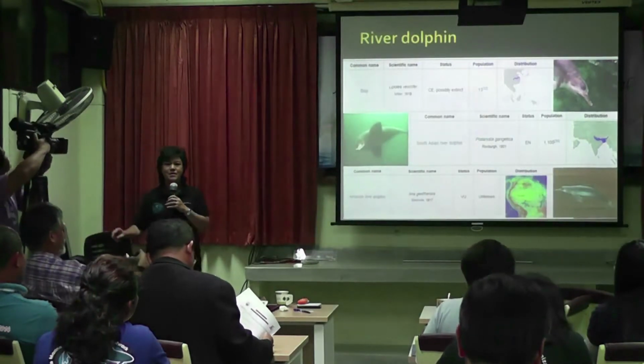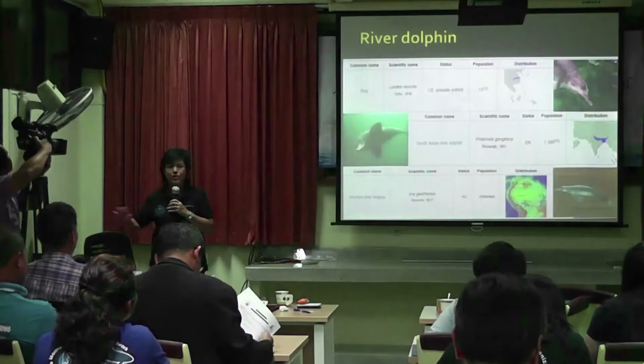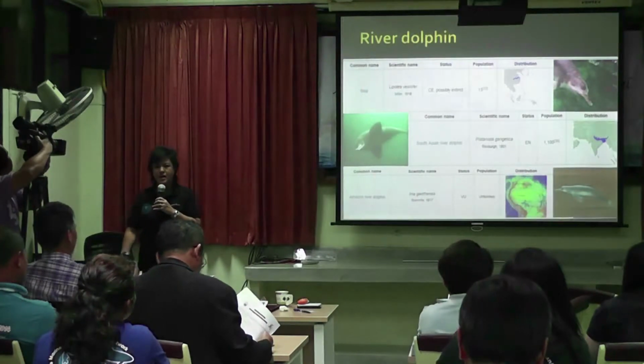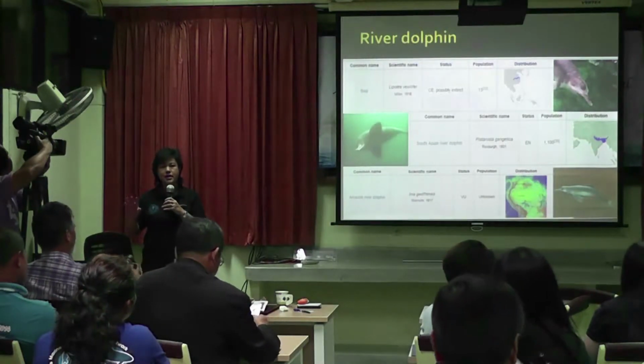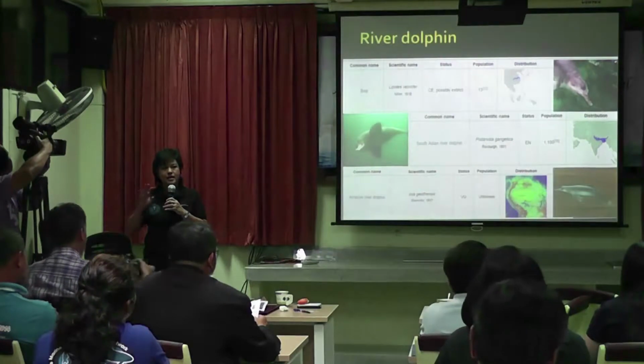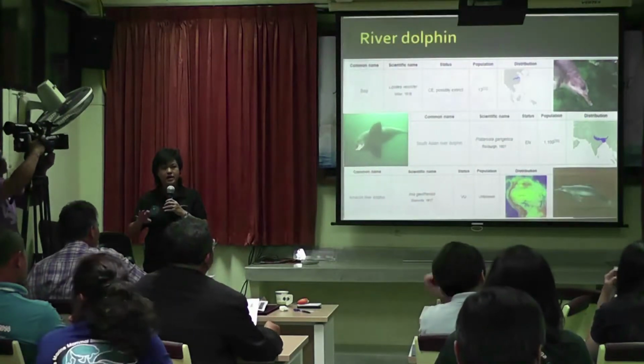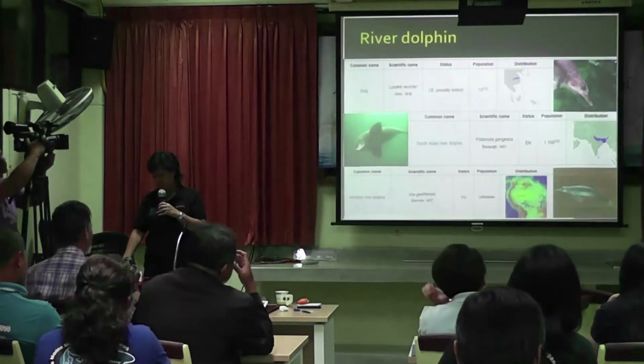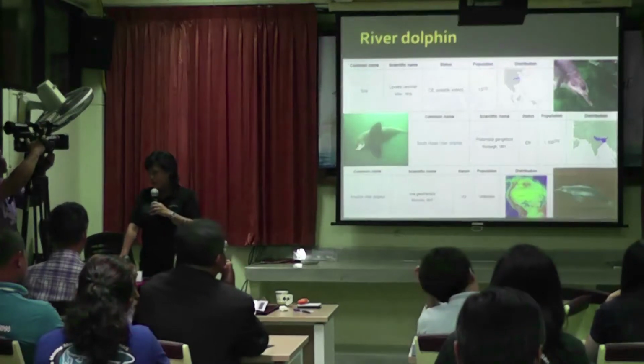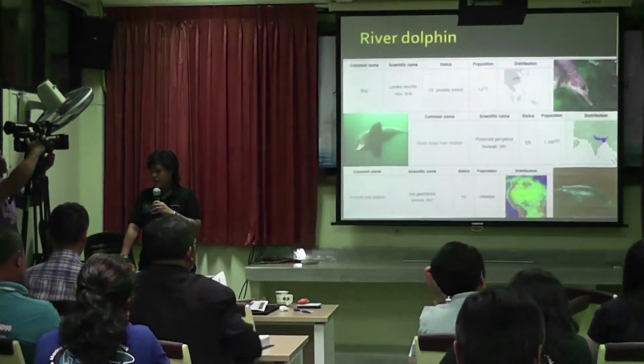I'm sorry, I'm going through this very quickly because you have it in your handouts. These animals are mostly carnivores, and they eat fish mostly, and also the little creatures in the ocean.